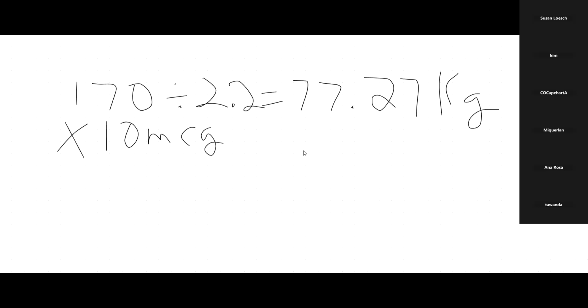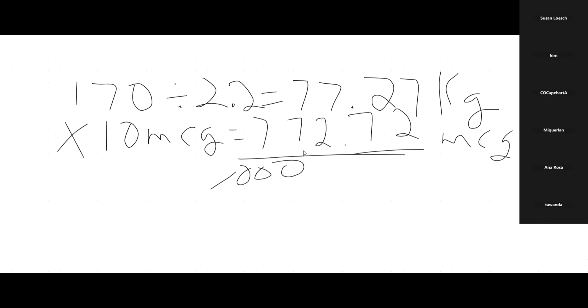That gave me 772.72 micrograms per minute. I divided that by 1,000 to turn it into milligrams. That gave me 0.772 milligrams per minute. And then I had to convert this to hours, so I multiply by 60.